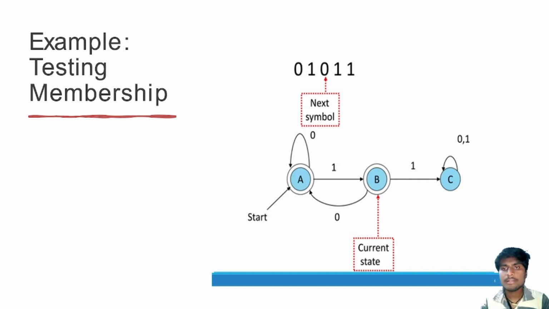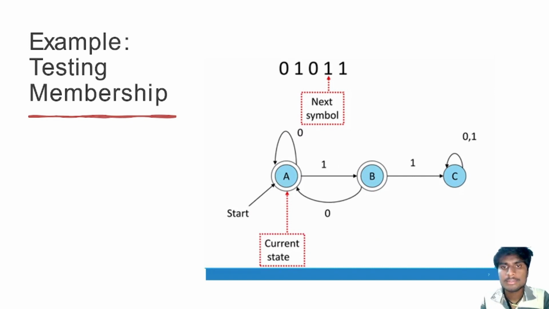I think this question is an example of strings ending with the substring 1 1. Our current state is B, and now we need to check for 0. 0 is transferred from B to A. Now the current state will be at state A.